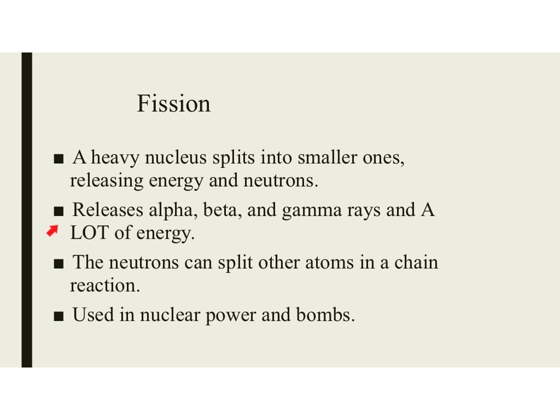And then also more neutrons will come out after that nucleus has been split. And when those neutrons come out, it can cause a chain reaction, where those neutrons can go and split other atoms.